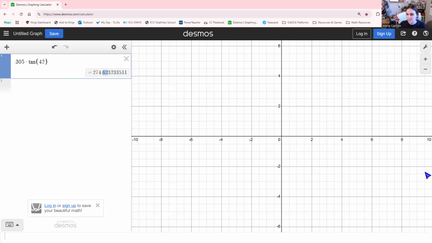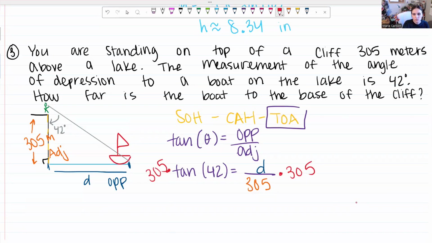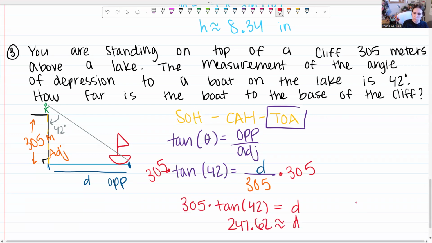The 3 that comes after is not large enough for us to round that up. So overall, 305 times the tangent of 42 is equal to that distance. So our distance is approximately 274.62 meters from the boat to the shore.